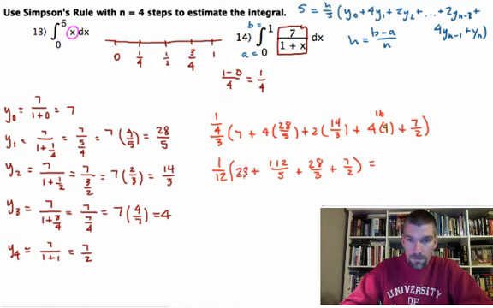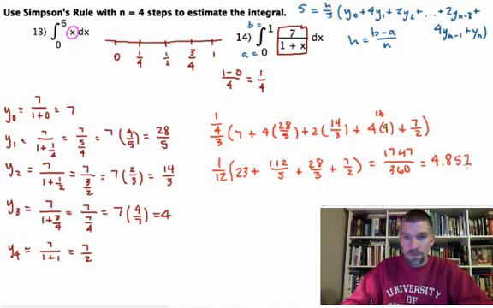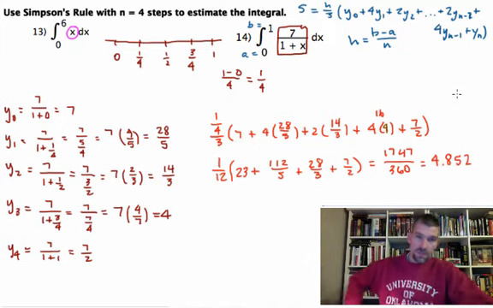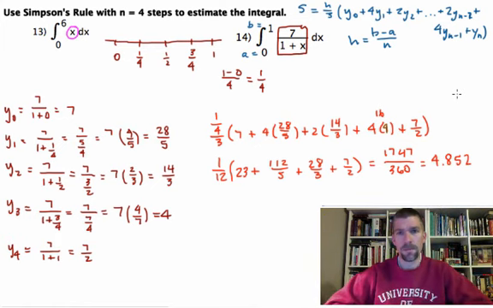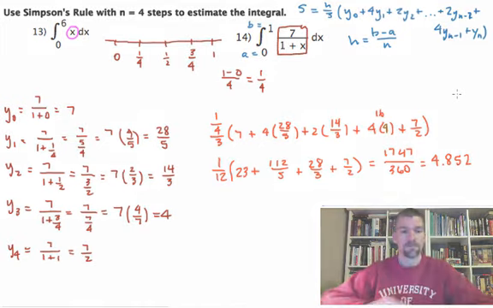When you add all that up, you're going to get 1747 over 360 if you did all fractions. If you decimaled that out, you would get 4.852. So there you go. Simpson's rule again. You can double check this on your calculator. However, on your test with me, since the end value is only 4, I will need to see the work and the setup exactly like I've shown you here on 13 and 14.